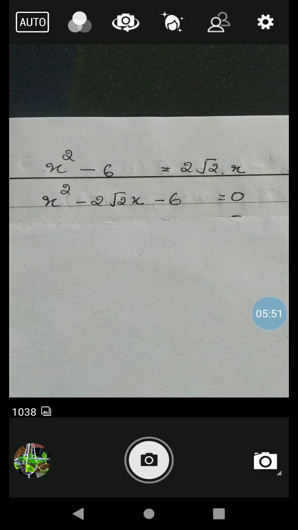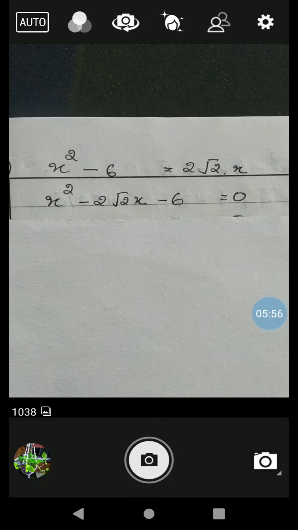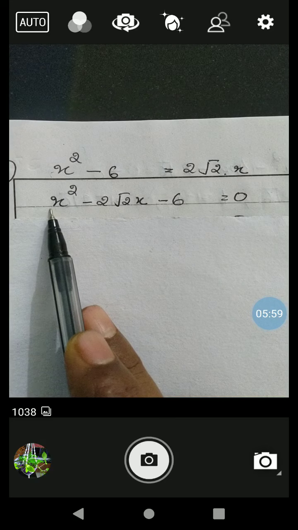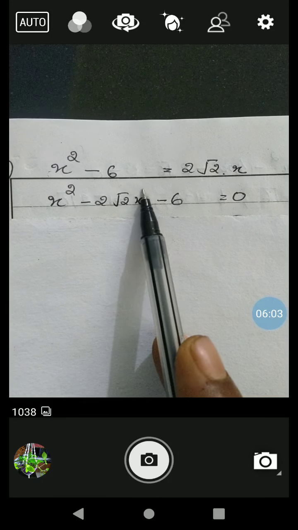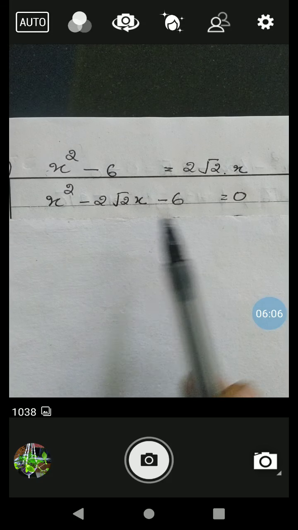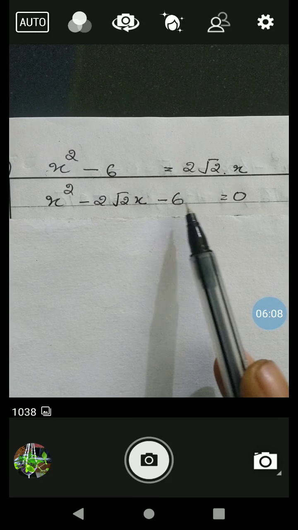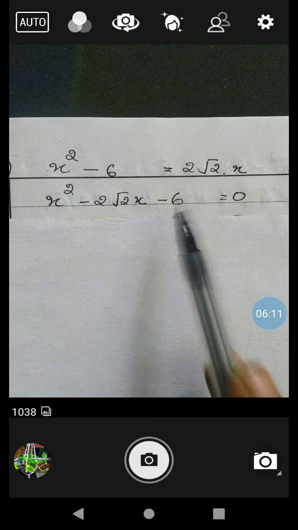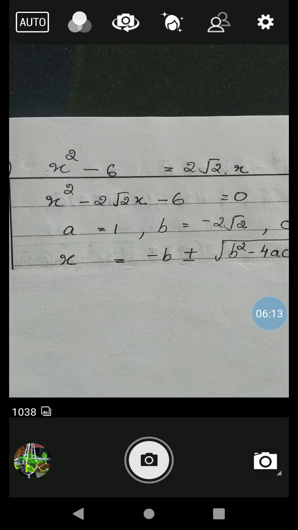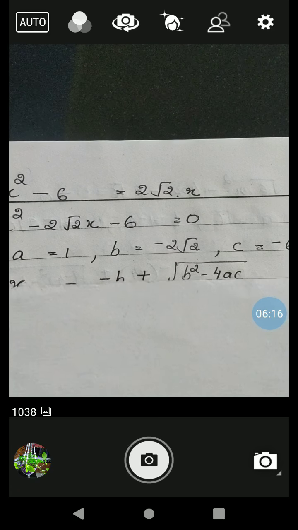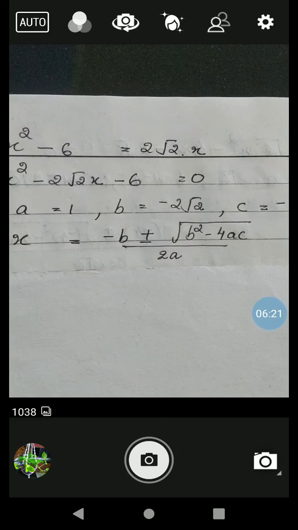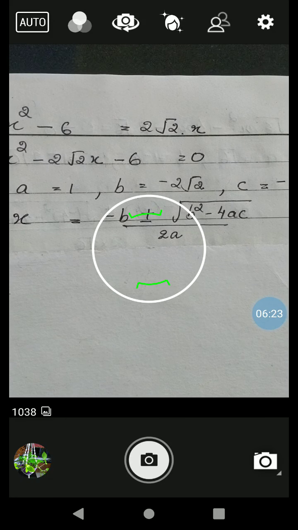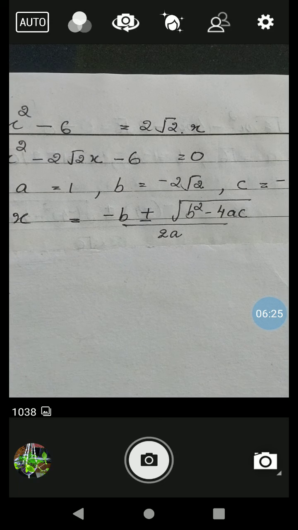Here, first you can write what is a, b and c. A is 1, b is minus 2 root 2. Here b is minus 2 root 2 and c is minus 6. You can write that. Then write the formula as usual. X is equal to minus b plus or minus root of b square minus 4ac divided by 2a. Now substitute values.